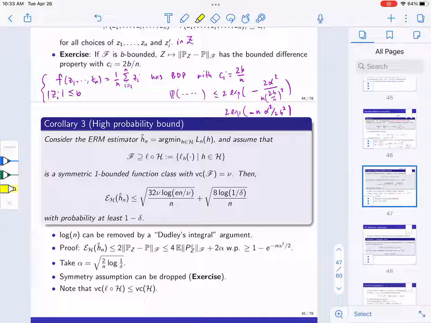And the other thing that you can do, beyond the proof that we did just now, is remove the symmetry assumption.